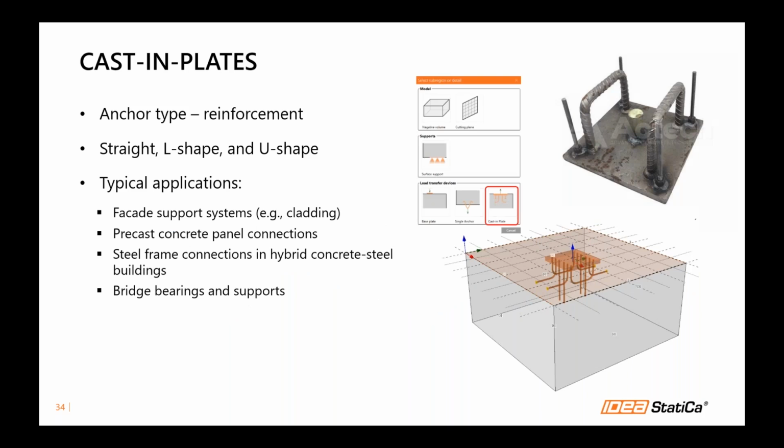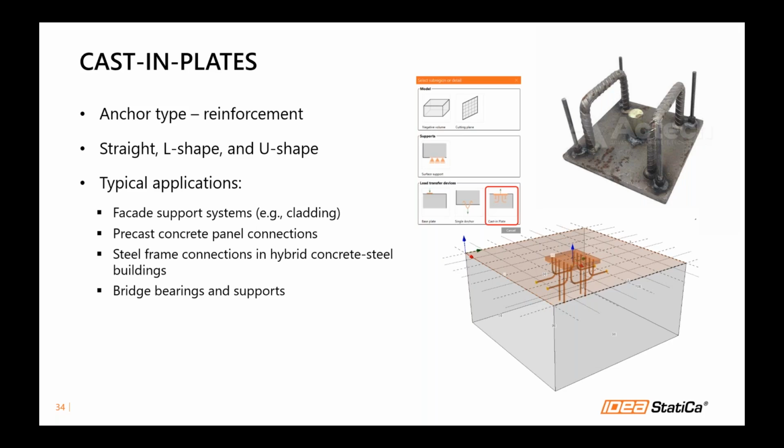And last but not least, the detail application now fully supports cast-in plates. So whenever you deal with facade support systems or precast panel connections or different types of bridge elements such as caps or piers in general, and you have to design cast-in plates, you can do the thorough 3D check using the compatible stress field method.